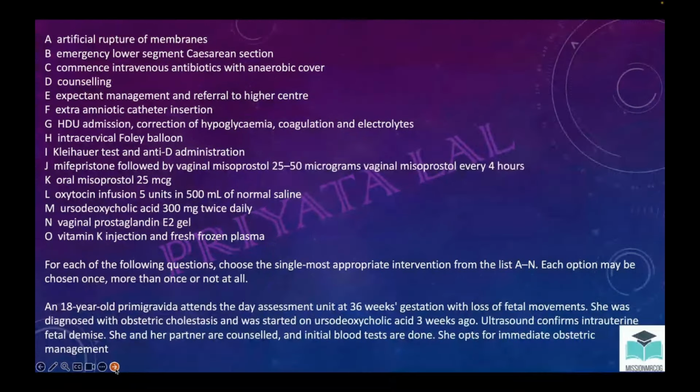An 18-year-old woman with loss of fetal movement was diagnosed with cholestasis. Ursodeoxycholic acid was started. USG confirmed IUD. She has been counseled and the partner has also been counseled. She opts for immediate obstetric management. What is the management?